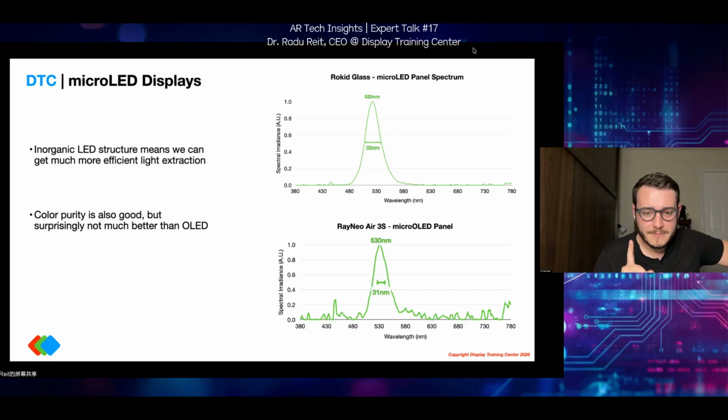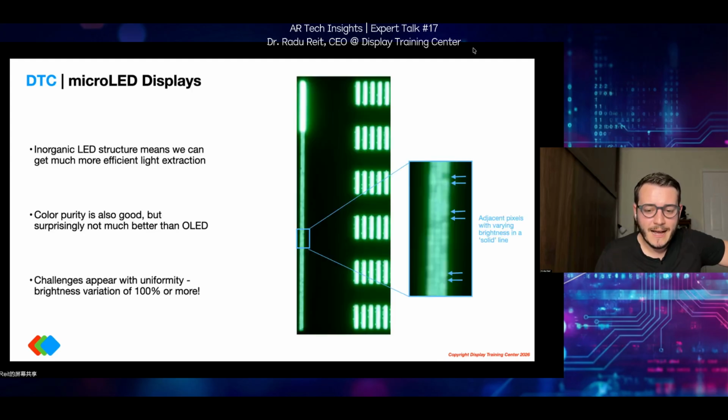And not only does it not necessarily mean purer color, I would argue it actually provides a much worse manufacturing tolerance, which turns into much worse visual quality sometimes. MicroLEDs are notoriously bad in terms of uniformity across the entire wafer. I show here a direct capture from my Rokid glasses micro LED panel, where I extract the device and start zooming in at various brightness levels into the individual pixels.